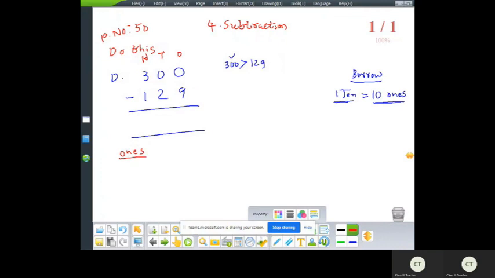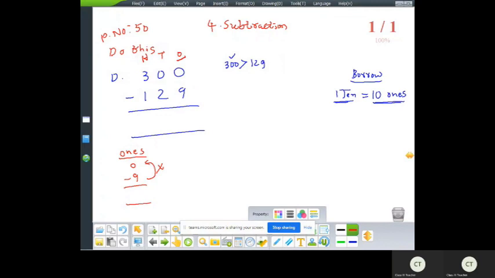See, the digits in the one place are 0 and 9. 0 minus 9 means 9 is subtracted from 0. But we cannot take 9 from 0, because 9 is bigger than 0. In this case we need to borrow.